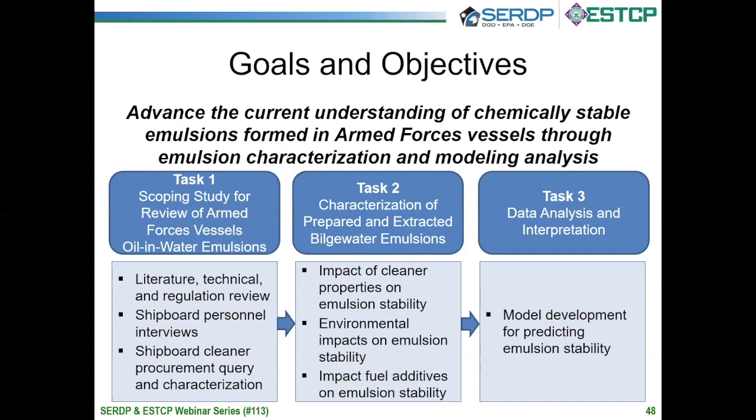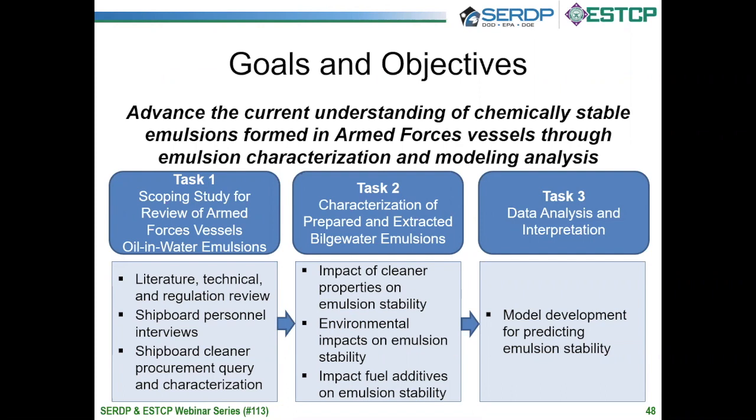The procurement identification of Navy cleaners was the foundation for our task 2 and the characterization of our prepared bilgewater emulsions. We also procured extracted bilgewater, so bilgewater from actual Navy ships, and characterized that as well. As a part of that, we looked at impact of cleaner properties, environmental impact, and fuel additives, all on emulsion stability.